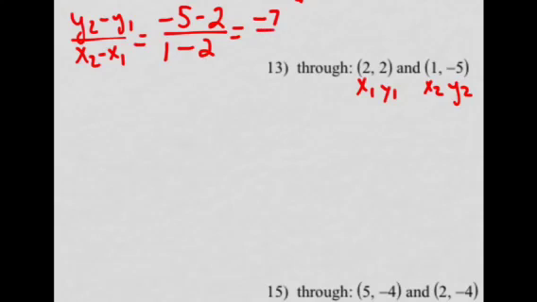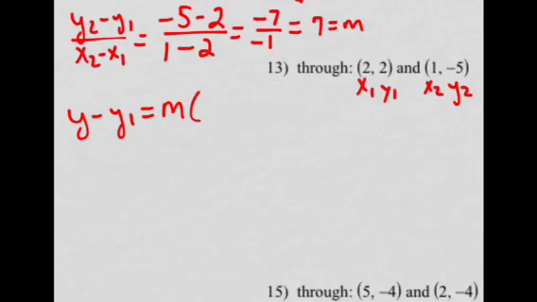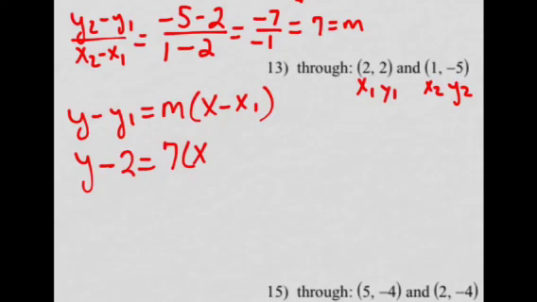Negative 7 over negative 1, our slope is 7. So let's plug and chug. We're going to use our point-slope equation. y minus y1 is 2, m is 7, x minus x1 is 2.